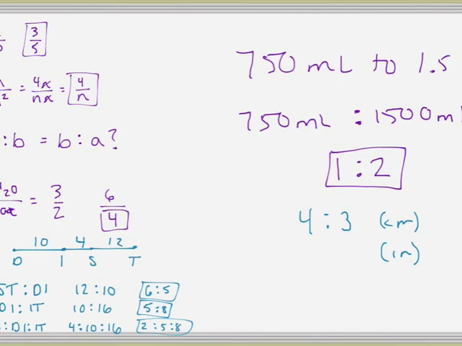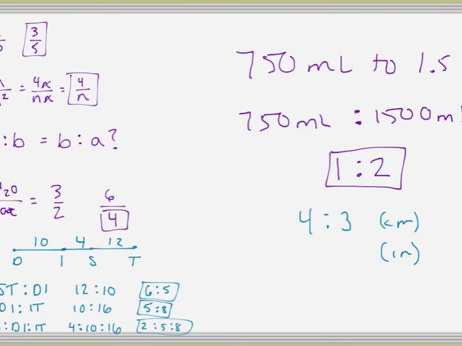Units don't matter in a ratio. Because to turn these centimeters into inches, we would multiply each of them by 2.54. But then to reduce it out, we could just divide that 2.54 right back out of there, and we would end up right back where we started. So units do not matter in a ratio.